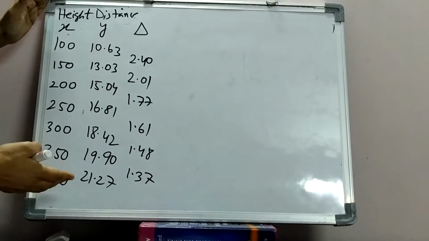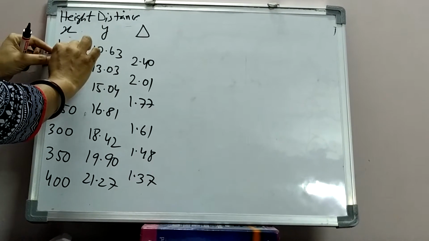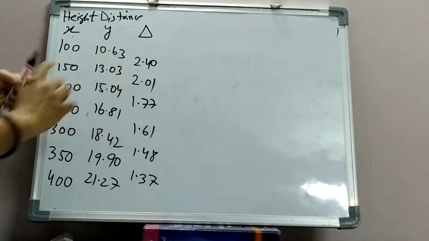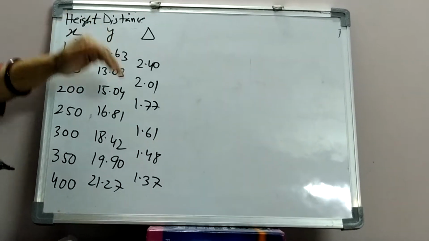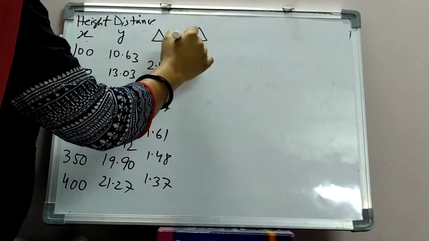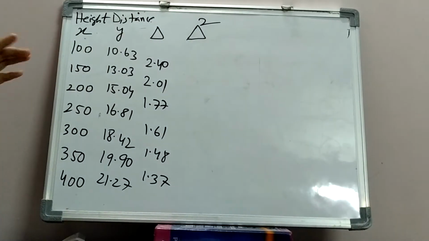Here it seems a little clumsy, but when you are writing in the notebook, keep some distance between the two values so that the difference gets a place in between. I have a limitation on the board, that's why I am writing like this, but you can do it nicely.